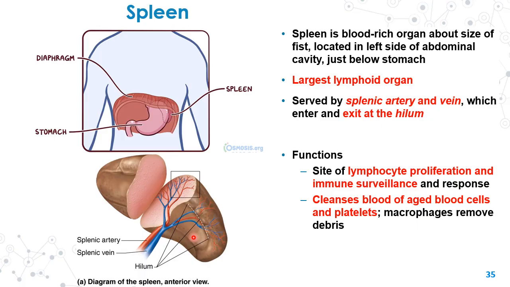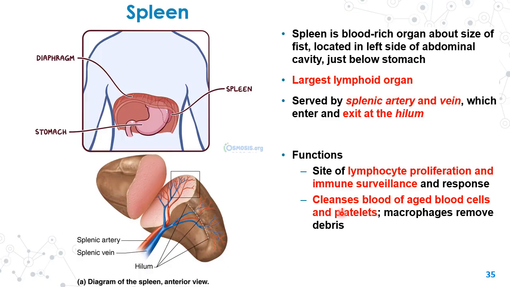Now, the way this works inside the spleen is a lot different than it works everywhere else in the body. The place where both the artery and the vein enter or leave the spleen, this part here, you call the hilum. So this, like the bottom part of the kidney bean shape, is the hilum.